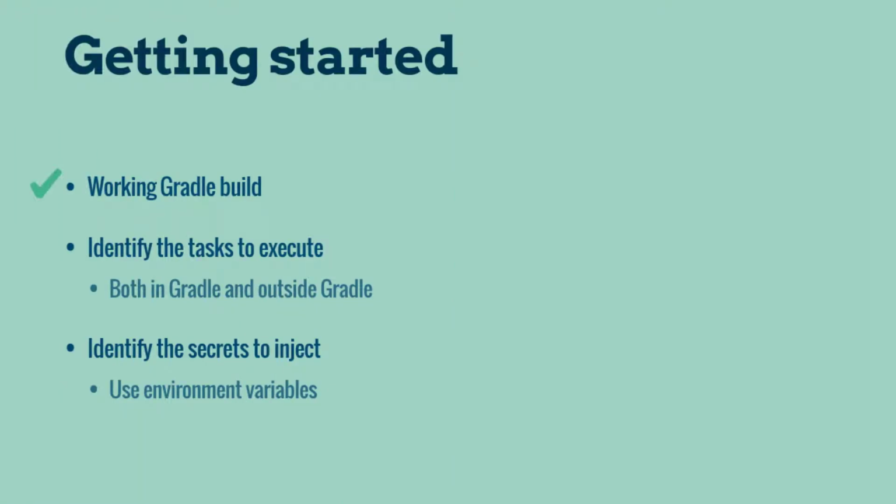Next thing, okay, we need to look at what we do in the build and understand what are the things that we are going to need to do in our CI. First of all, obviously, we need to check out the code. This is not done by Gradle, obviously. Gradle will run after we check out the stuff. Then, as I mentioned, we want to warm up the Gradle caches.